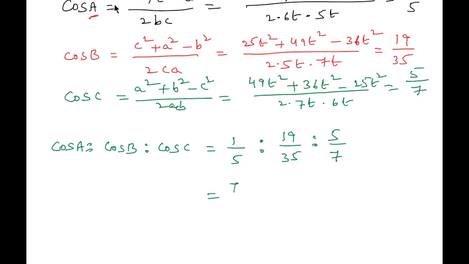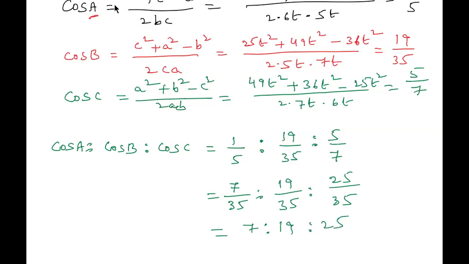So multiply numerator and denominator with 7, we get 35 here. This one is already 35, no need to change. Here multiply numerator and denominator with 5, 5 sevens are 35. The denominator is the same, eliminate that. Finally you will get 7 : 19 : 25.